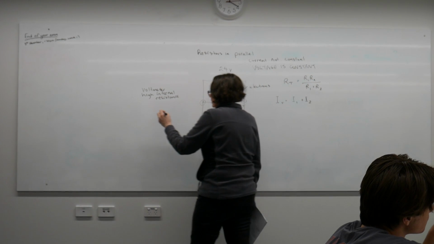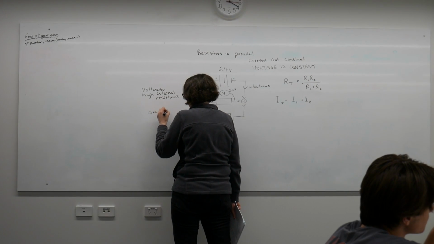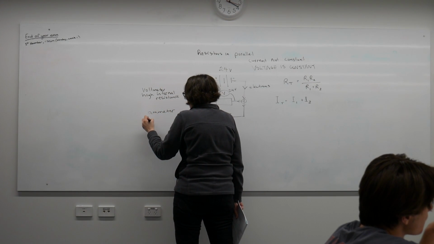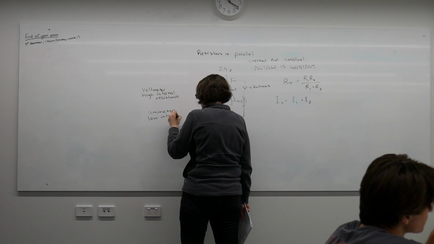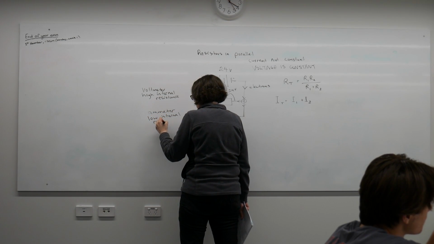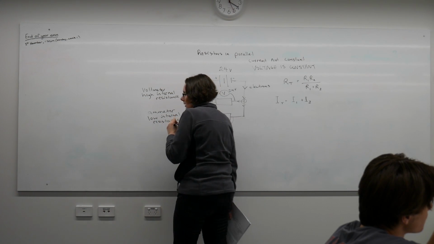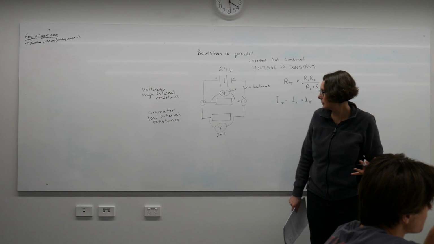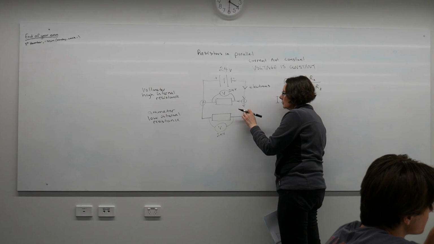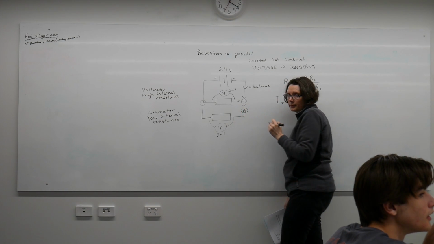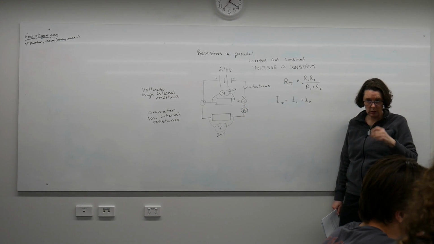Whereas our ammeter has very low internal resistance. And so it goes in series. If I put in an ammeter, it goes into the part of the circuit where I want to measure the current.